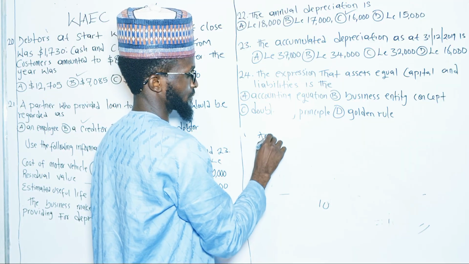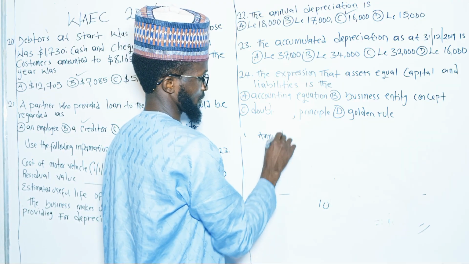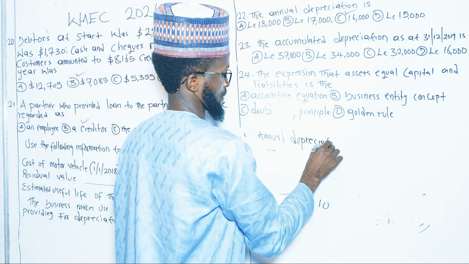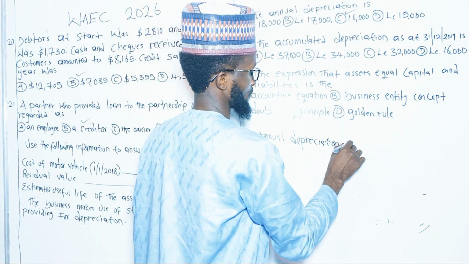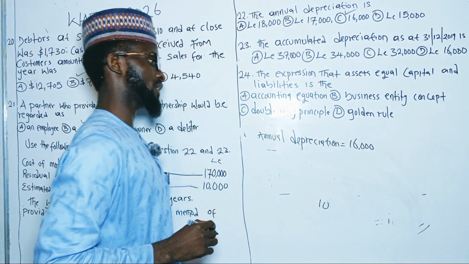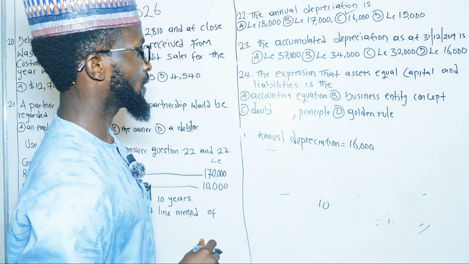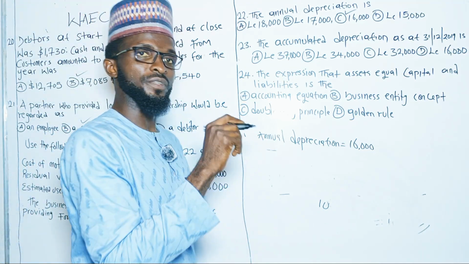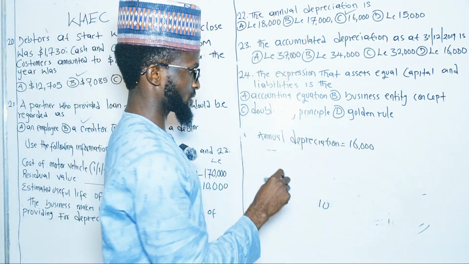Annual depreciation, we got 16,000. But we've said accumulated depreciation is equal to annual depreciation times the number of years.